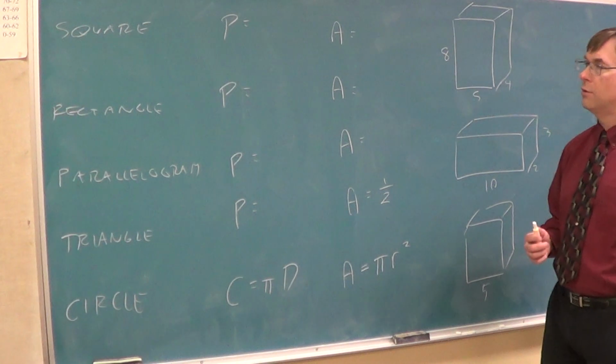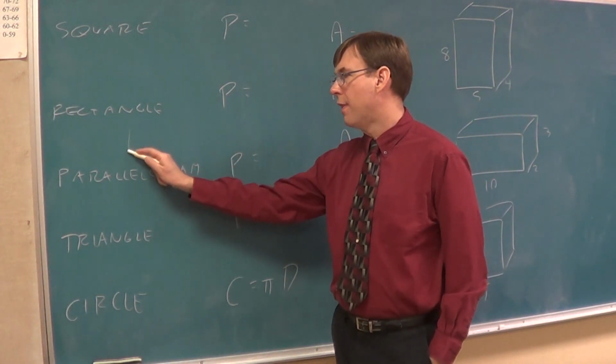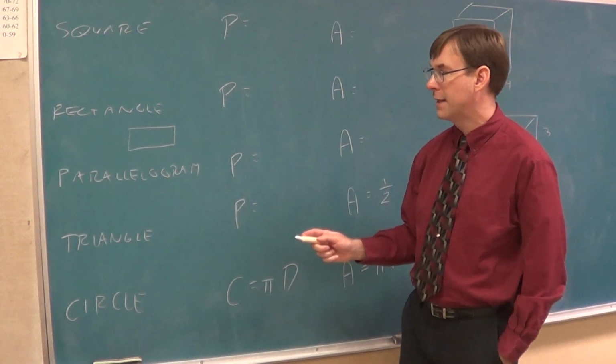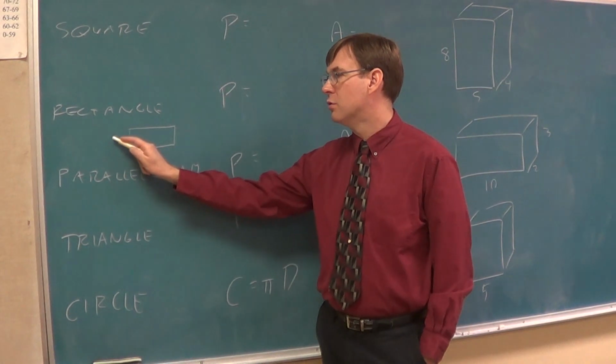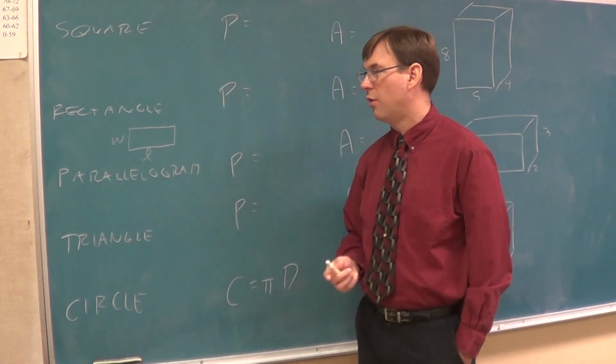Let's do rectangles first. Okay, so you don't have to draw this. I'm just going to draw this to help us think it out. For rectangles, rectangles have two sides. One is usually called the width. One is usually called the length.